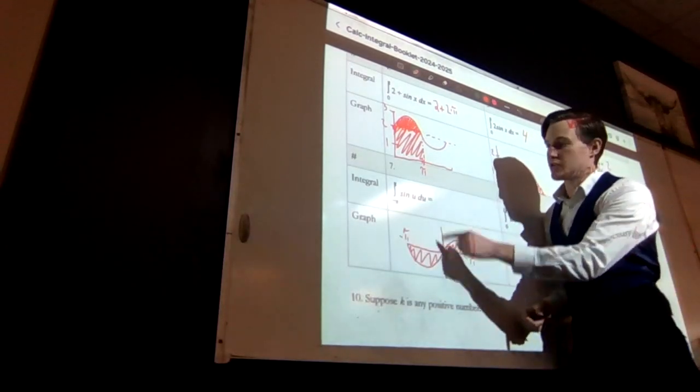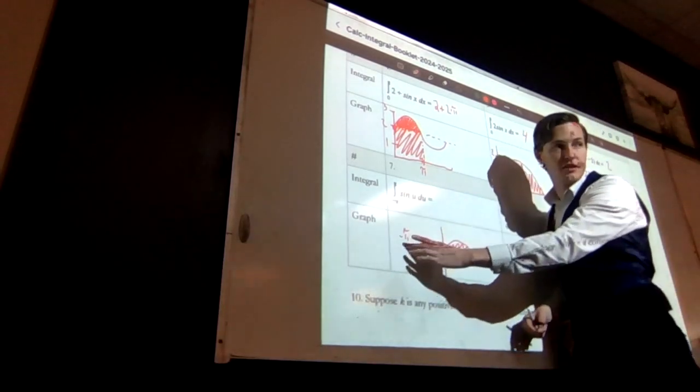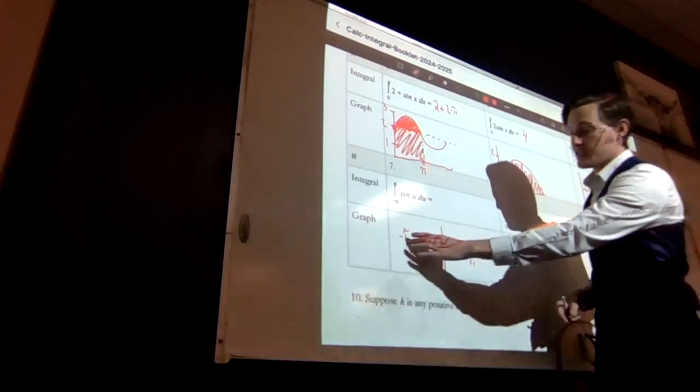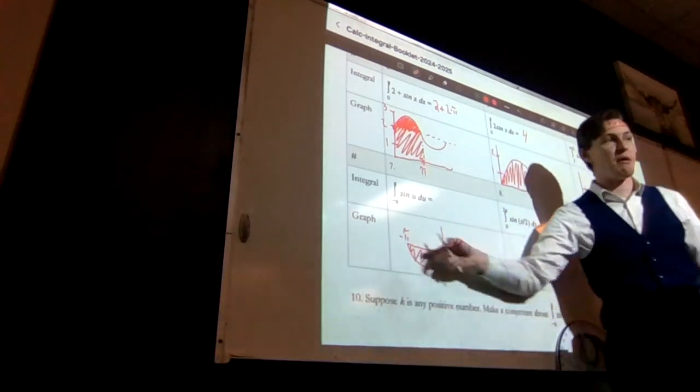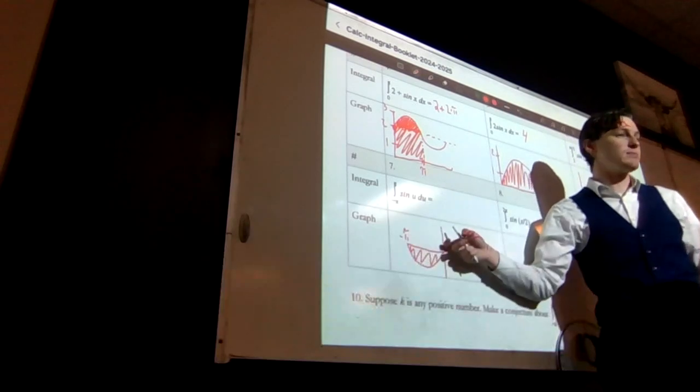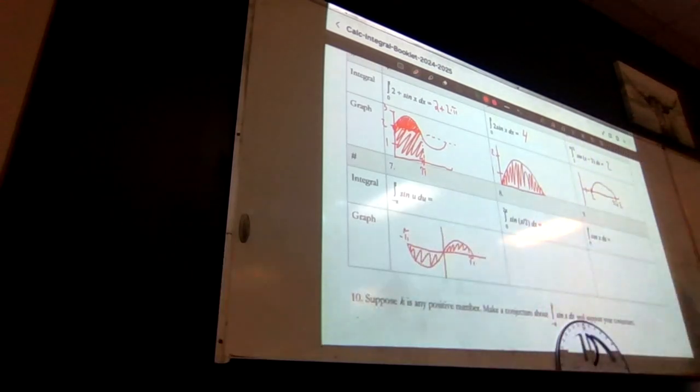If this is negative pi, how long is this? pi length. So it's not negative pi length, because we can just flip it away and look at it, oh, it's pi length. It's negative times negative. So for the x's, you just don't worry about the sign. Okay? So what is the answer to this one going to be? It's going to be 0.